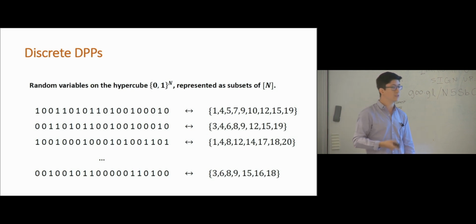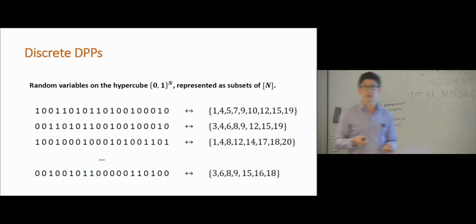You can also represent it as a subset of the set of integers between 1 and n, where you take only the elements corresponding to the 1 coordinates in your sequence of binary random variables. So for DPPs, we'll use the subset representation.